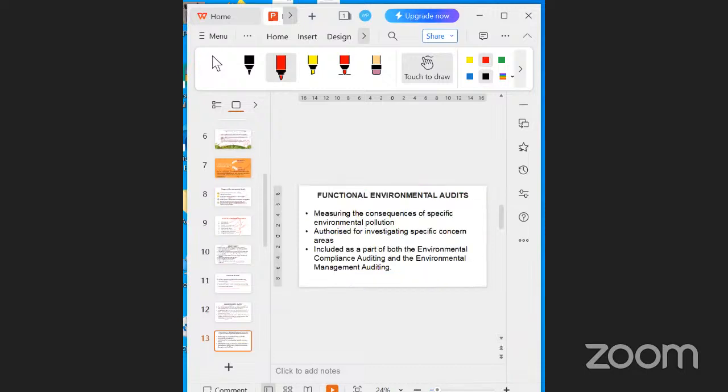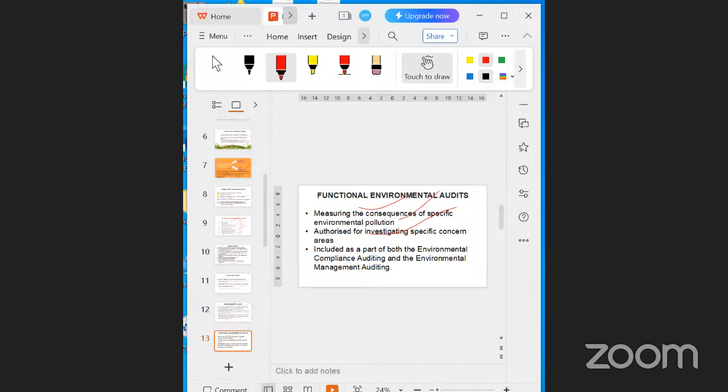Next one is functional environmental audits. So now functional environmental audits are responsible for measuring the consequences of specific environmental pollution or hazards caused. So this particular auditing is authorized for investigating specific concern areas.